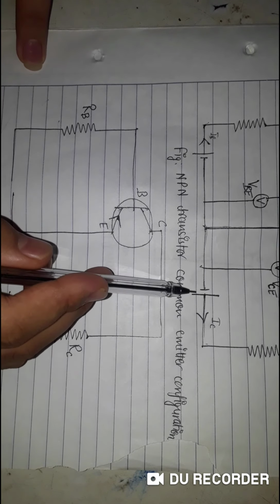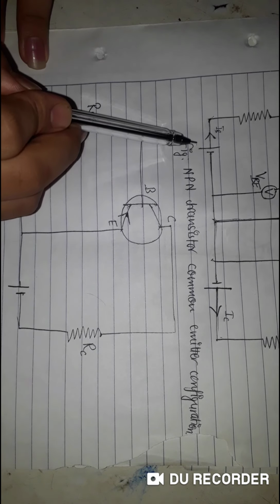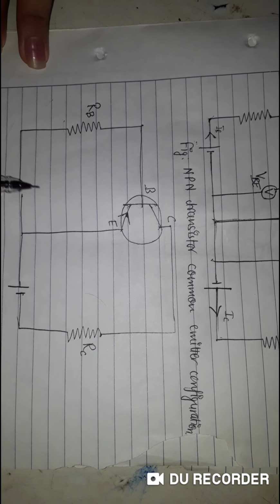Okay, now in this figure, the positive terminal is here, so this tends to be the negative terminal in the case of a PNP transistor. Exactly the opposite happens. And in the case of this figure, here is the positive terminal, so I'll just switch the terminals. It is that easy.